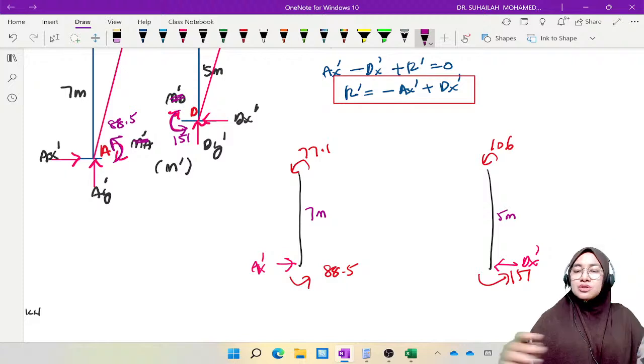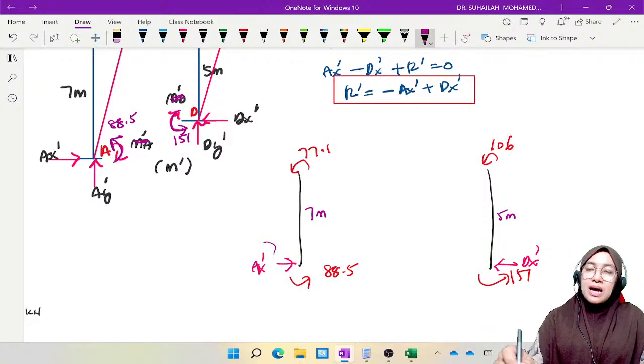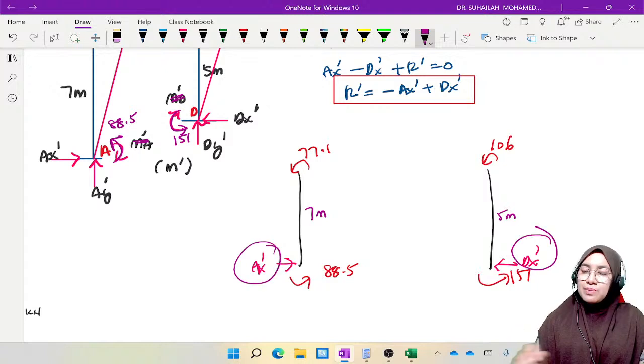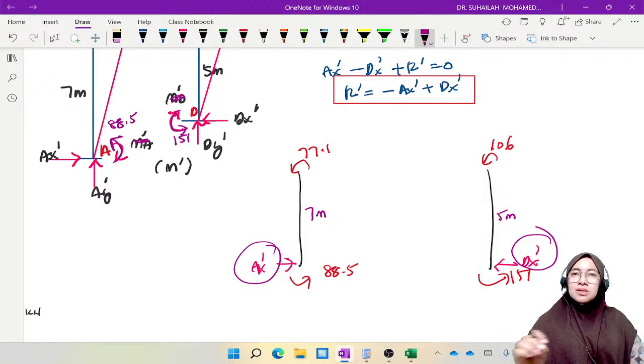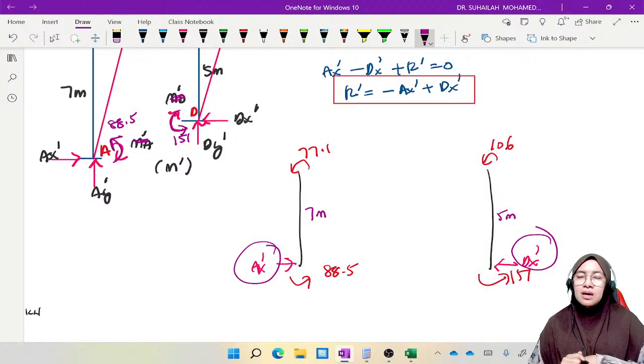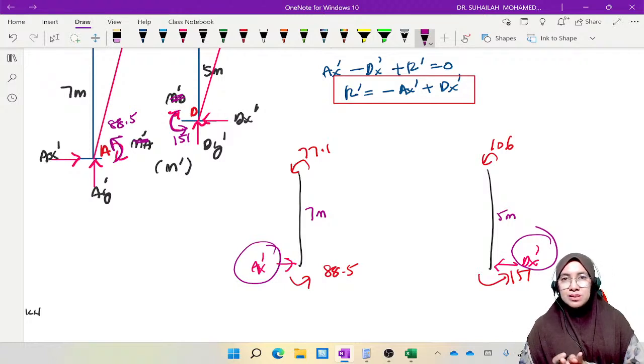So using static equilibrium, we should be able to analyze Ax prime and Dx prime. To do this, please watch video number 2 again and see how I calculate Ax and Dx, because the process is the same.